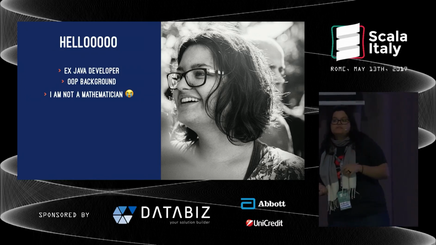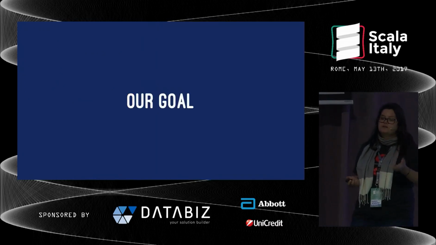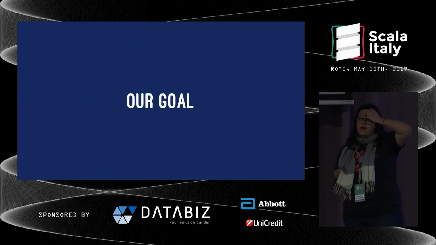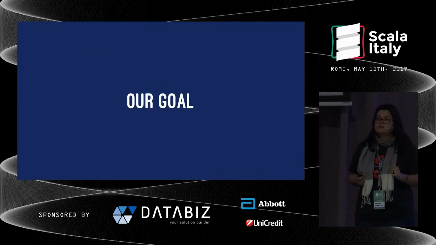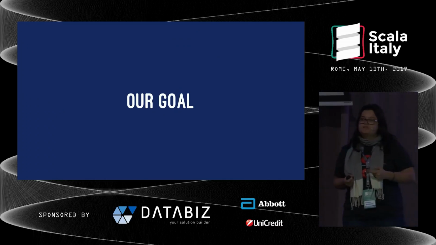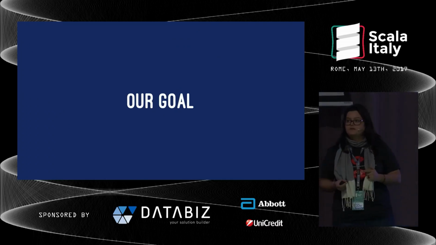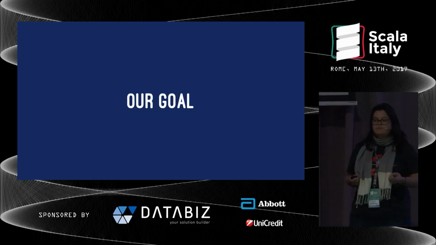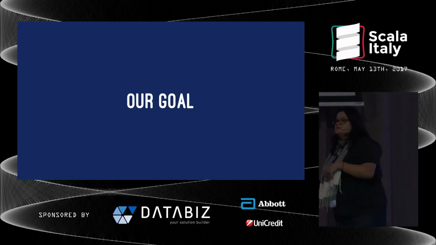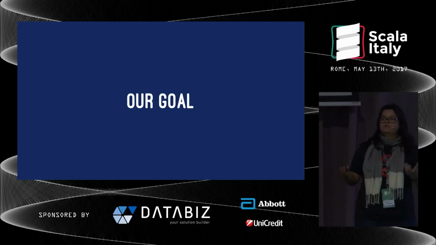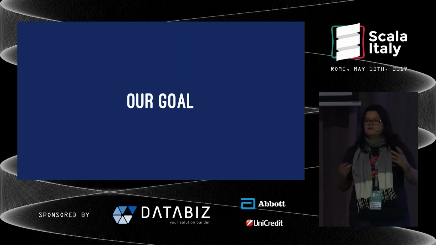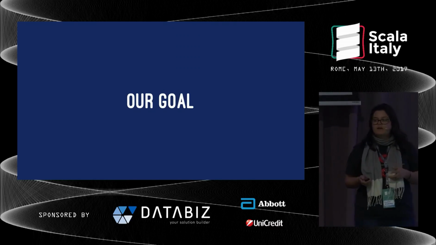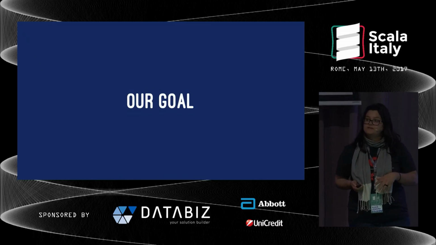So this is going to be a practical introduction to category theory. Why practical? Because I'm not a mathematician. I'm probably not the right person to talk to you about the mathematical laws behind it. But my goal today is to give you some sort of intuition of how things work and why category theory is so important.